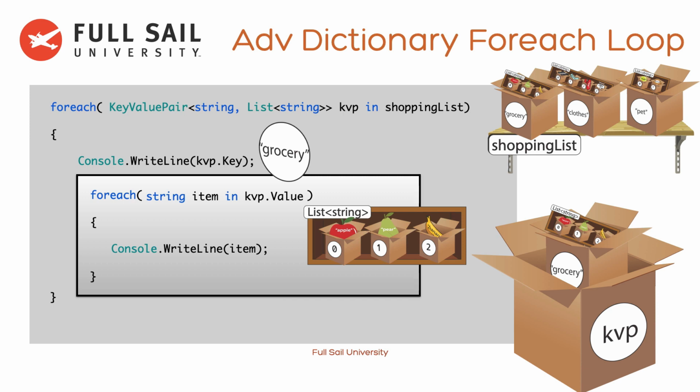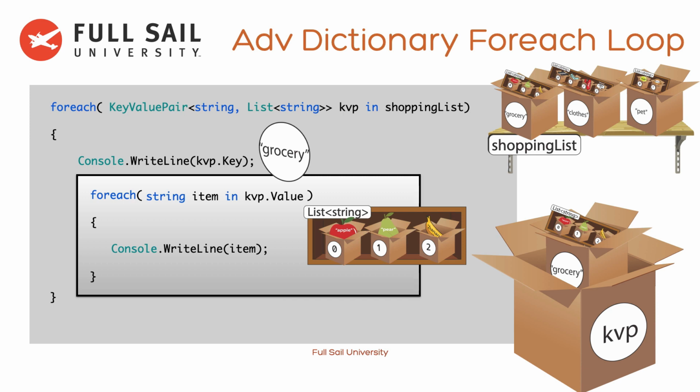Then we go inside of our next for each loop, and it's going to start going inside of this list of strings. The item for the first time is going to be that text string of apple, so that's going to output. Then it's going to be a text string of pear, and that's going to be output. Then it's going to be a text string of banana, and then it's going to output. And then it's going to come to the end of our list, which will stop this inner for each loop that's looping through our kvp.value.